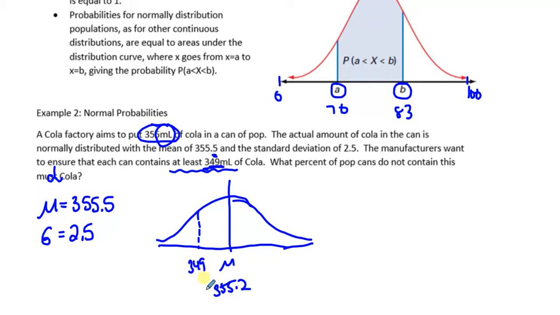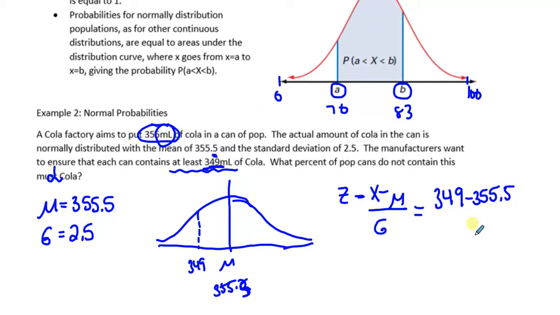So we would use the z-score. z equals x minus mu over sigma. Our x, the cutoff point, is 349, and we compare that to 355.5, over sigma, so over 2.5.